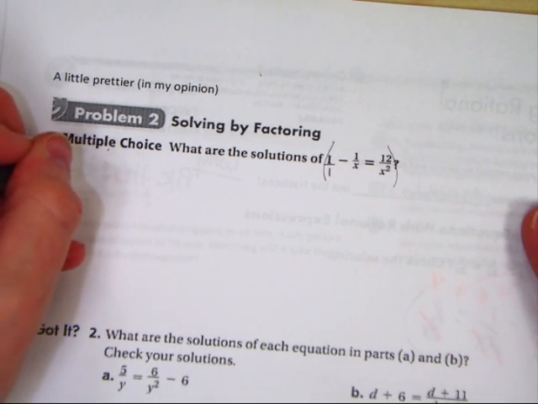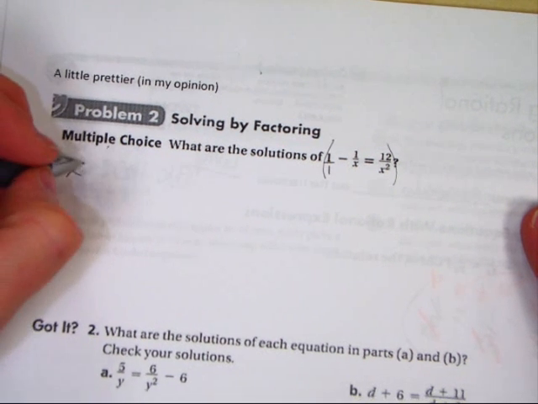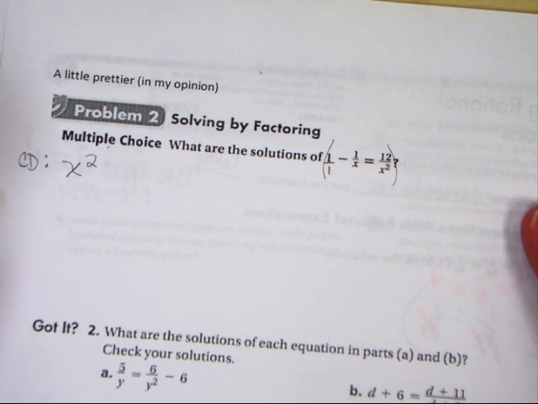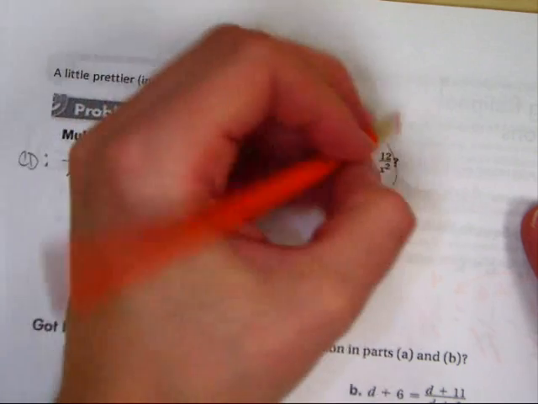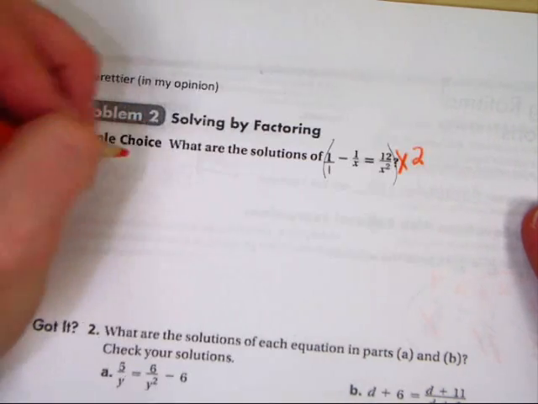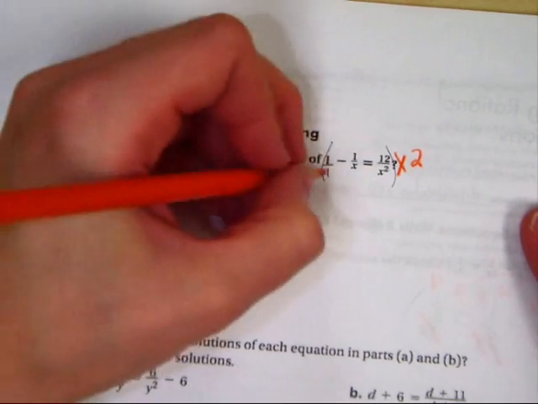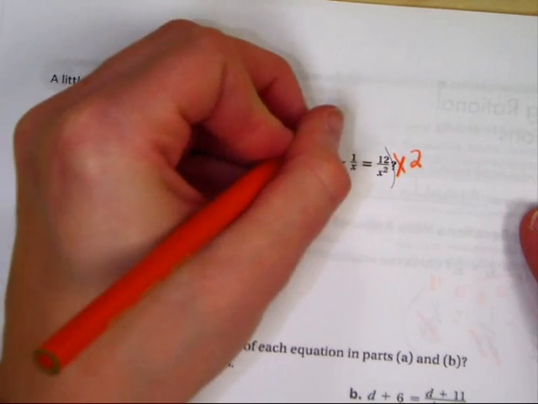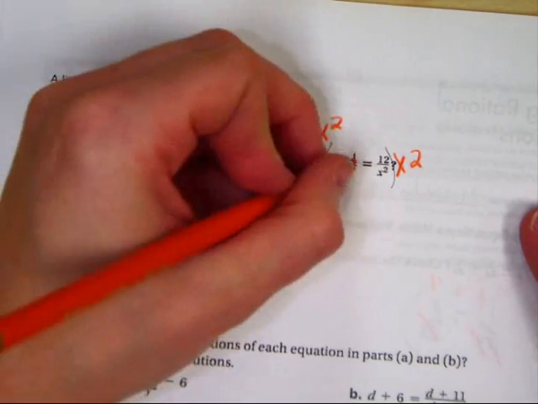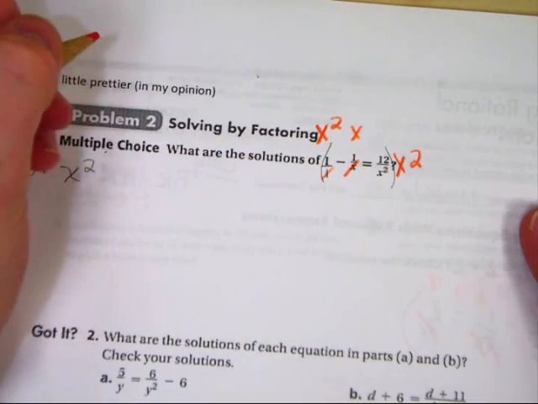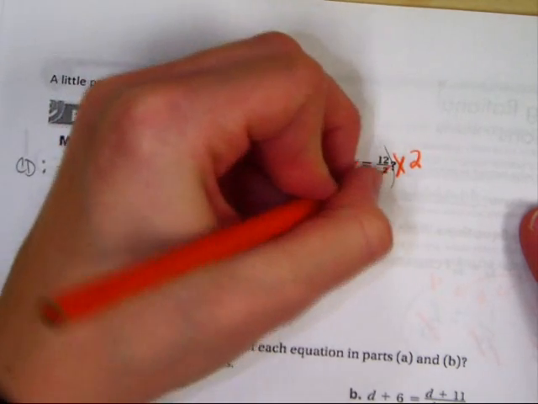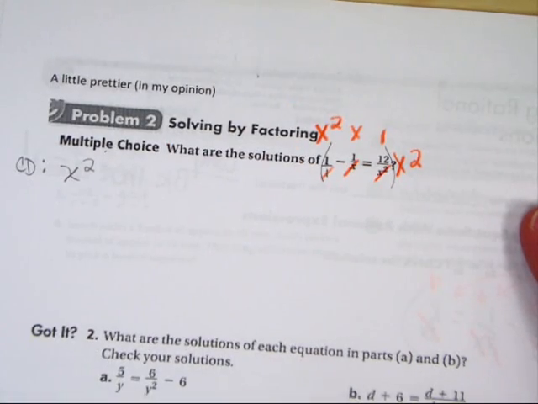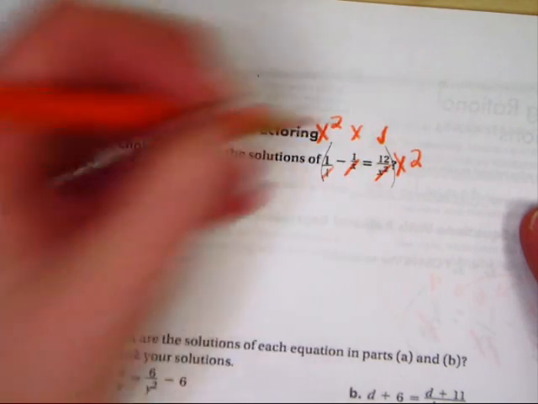And the biggest variable for the least common multiple is an x squared. So my common denominator is an x squared. So now I need to distribute an x squared. This 1 would cancel, and I need an x squared. This x would cancel, and I would just need an x. This x squared would cancel, and I would need nothing but a 1, or a check mark, whichever way you want to see it.